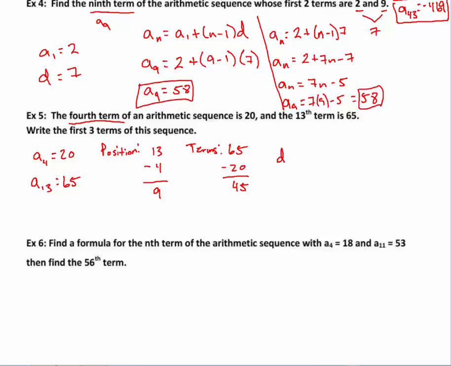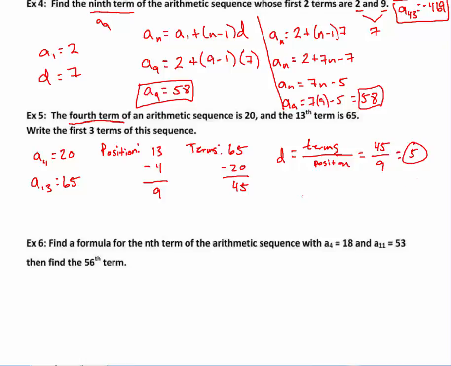Well, our common difference is going to be our term values divided by our position values, or the change in those values. So our terms are 45 and our position is 9. That's how much change is happening. So 45 divided by 9 is 5. So that tells us what our common difference is.